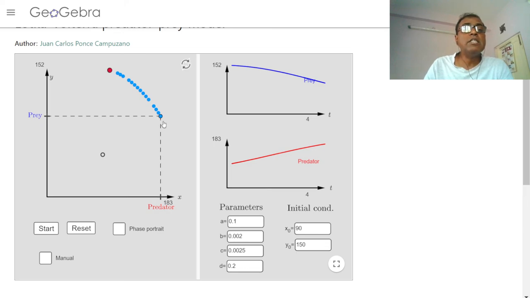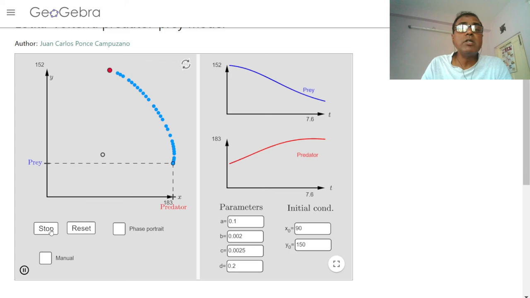So this point represents this along prey and this predator. Here we denote x as prey in our notes and y as predator. So the direction is this way, and this is the prey. In this notation prey is y.